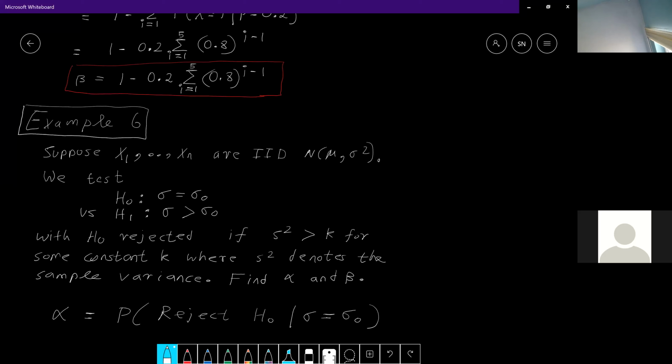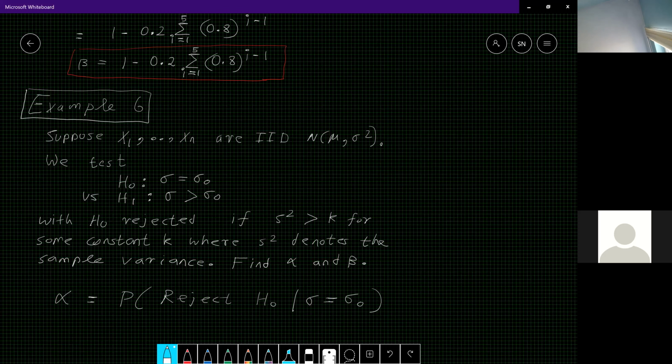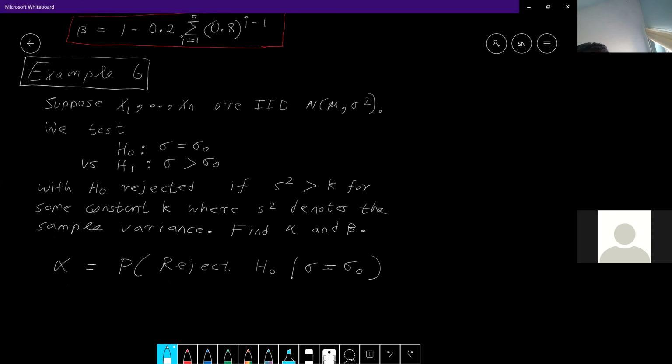So this will be the probability that s squared, the sample variance, is greater than k, given that sigma equal to sigma 0. Now I'm using the unbiased version of the sample variance, which I'm sure you know.